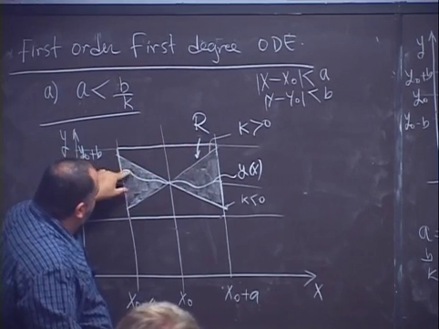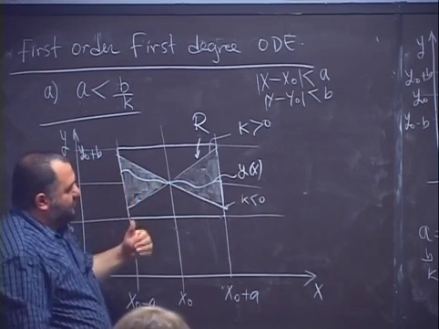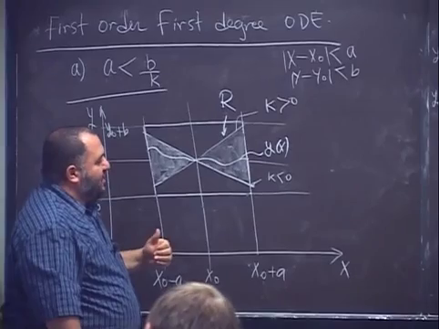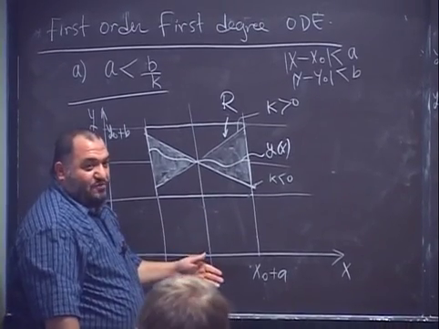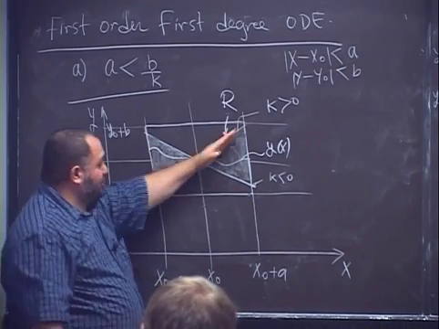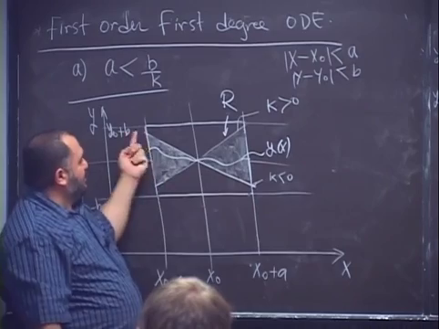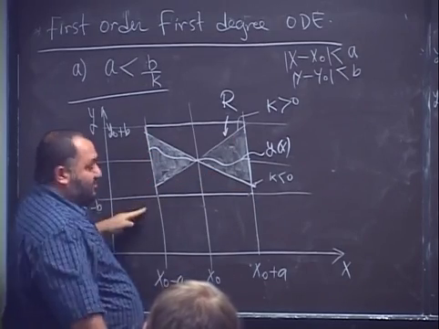I will have a solution only if my function y of x, which if you differentiate gives you y prime of x equal to f of x, is bounded by this number k in absolute value. This is a negative k slope, and this is a positive k slope.